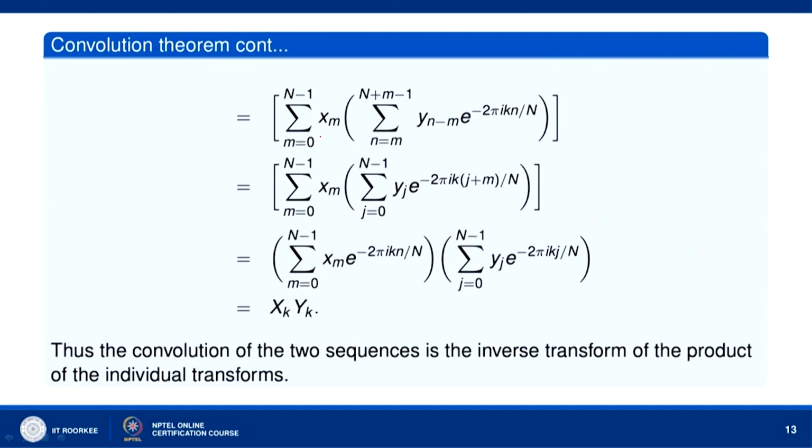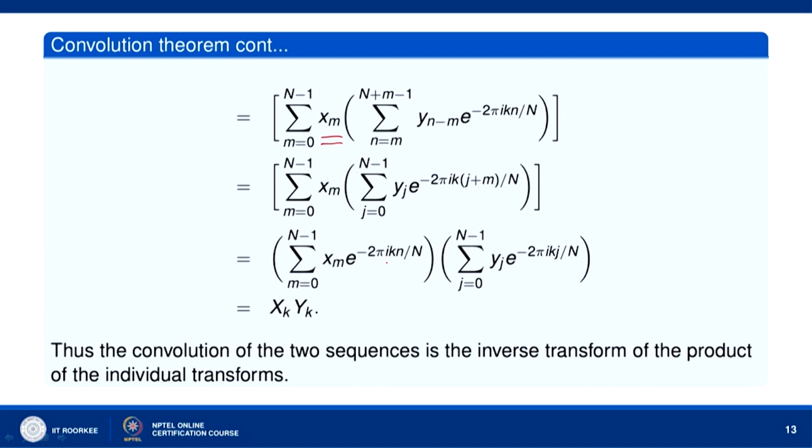And we will get the sum over m equal to 0 to N minus 1 of x m e to the power minus 2 pi i k m by N.